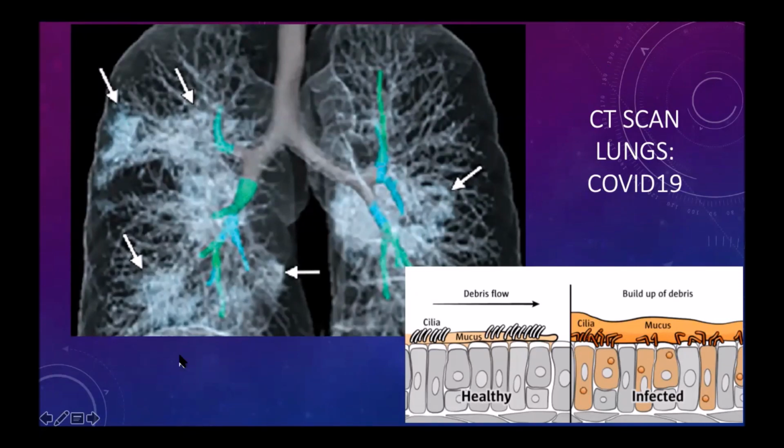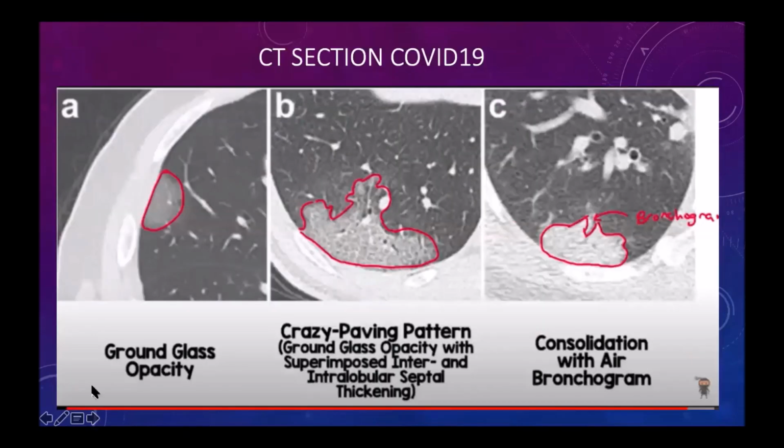And what it's doing is, over time, when we look at a cross-section of the CAT scan, it first shows what we call ground glass opacity. And what that means is, in that little lung tissue, it first fills with fluid. This is what we call edema.